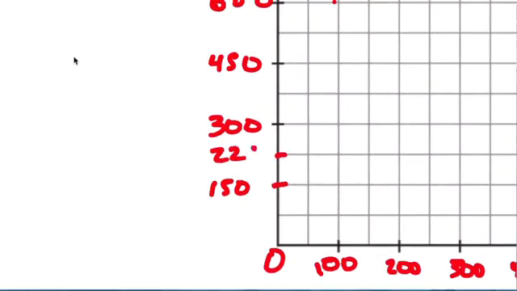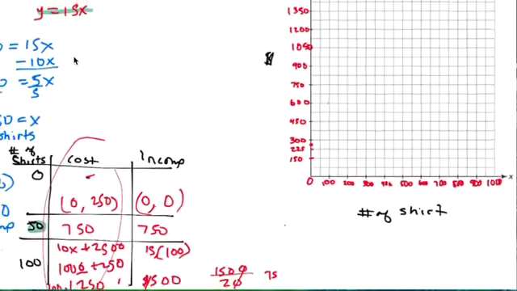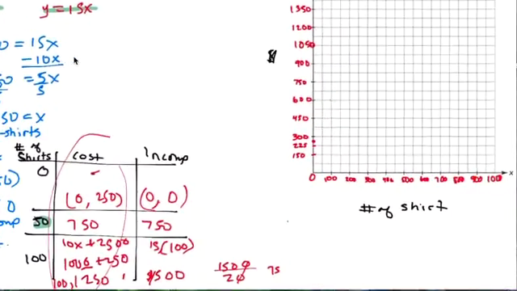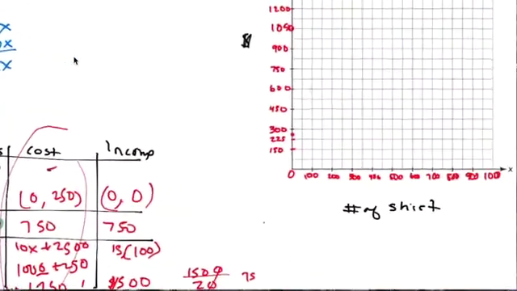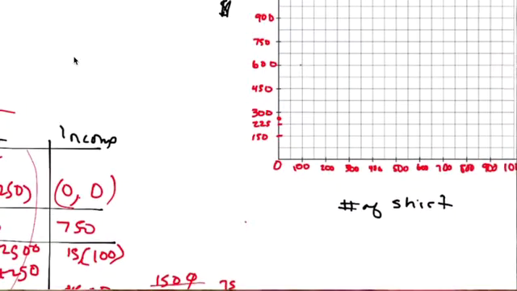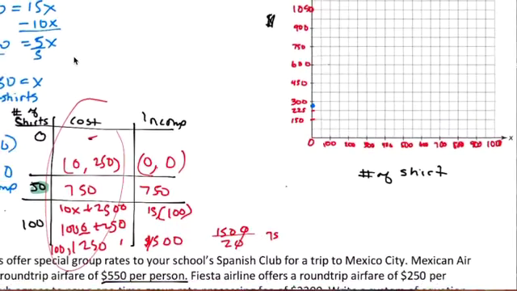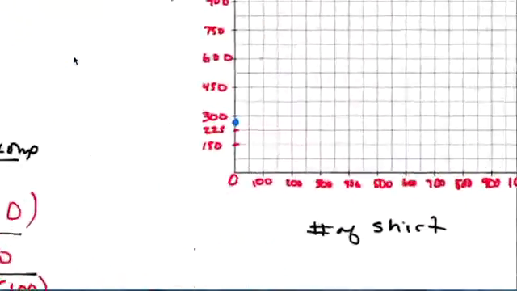It's 225. 250 is right there. And then 50, 750.